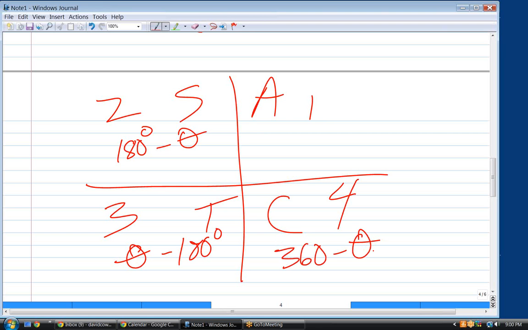So basically my method takes every angle and converts it to a first quadrant angle, figures out what the ratio of the trig function is, and then attaches a plus or minus sign based on which quadrant it was in to start with. So for me to answer that unit circle, it's, okay, I got to memorize these 4 things. All students take calculus, that's 4 things. I got to memorize these 3 things.